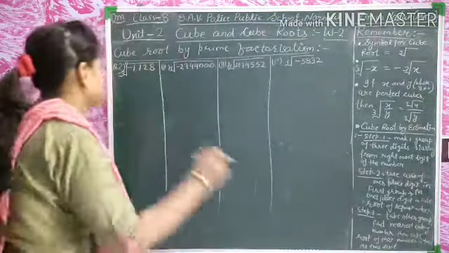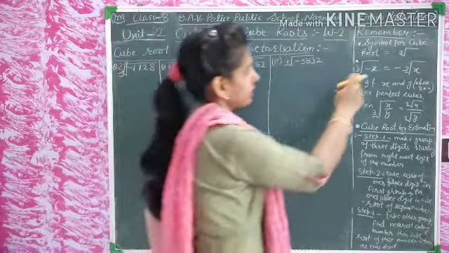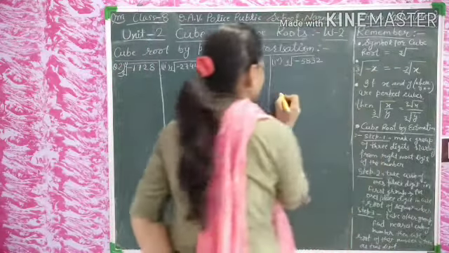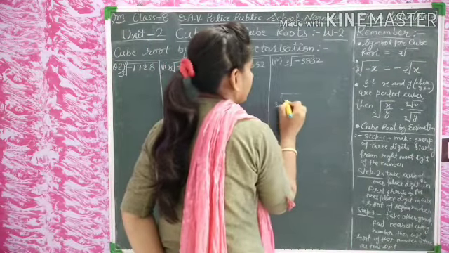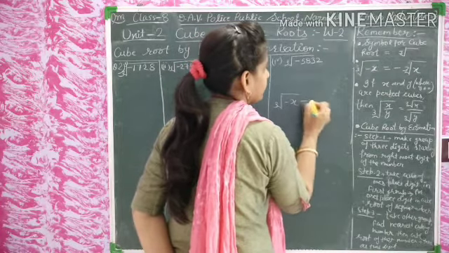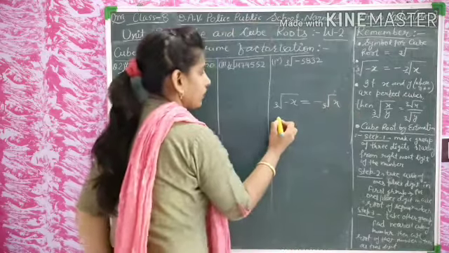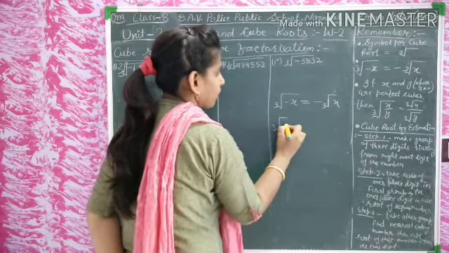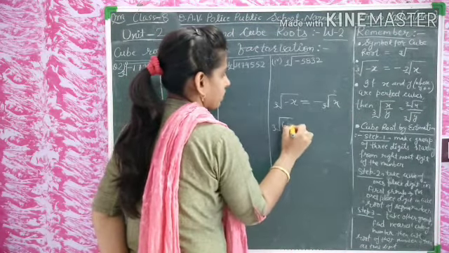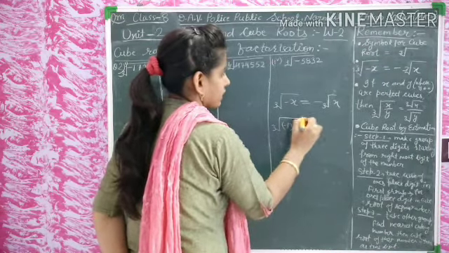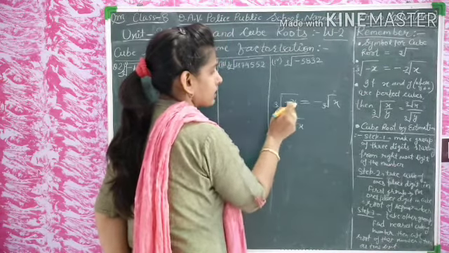Yes students, let's see, cube root of minus x is equal to minus of cube root of x, because we are writing it as cube root of minus 1 into x. Minus 1 into x is equal to minus x.